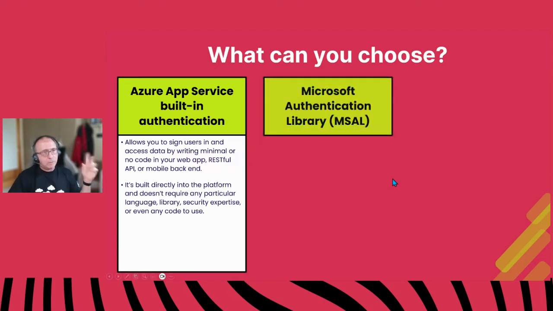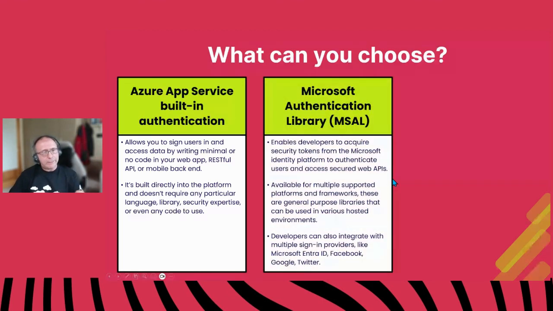That's all. You also have the Microsoft Authentication Library. It is used by the middleware. If you use this library, you need to write the code, of course, because you have an SDK for several languages that allow you to interact with the providers. It is also multi-provider, so you can use Entra ID, Facebook, Google, and Twitter.